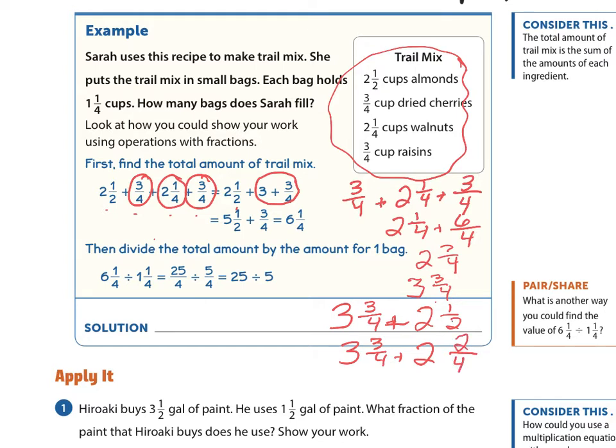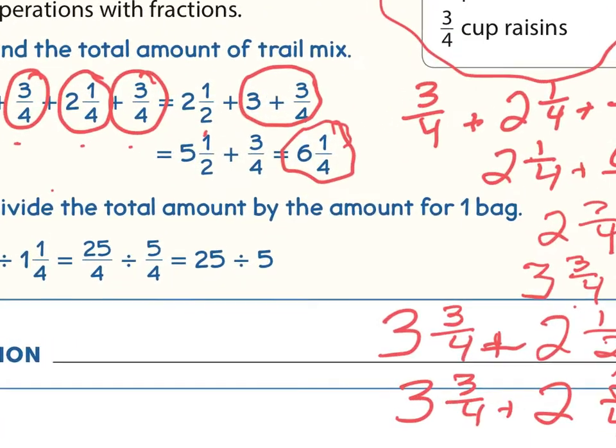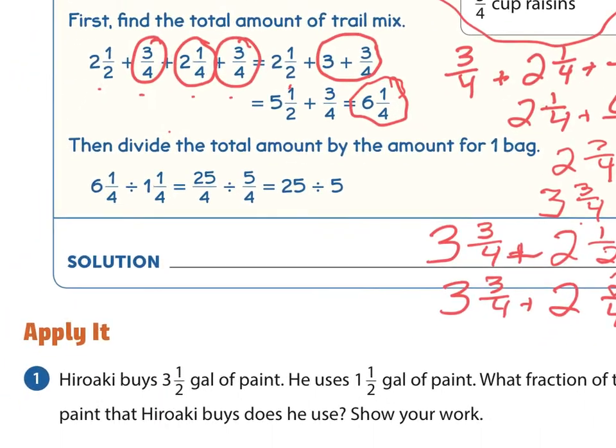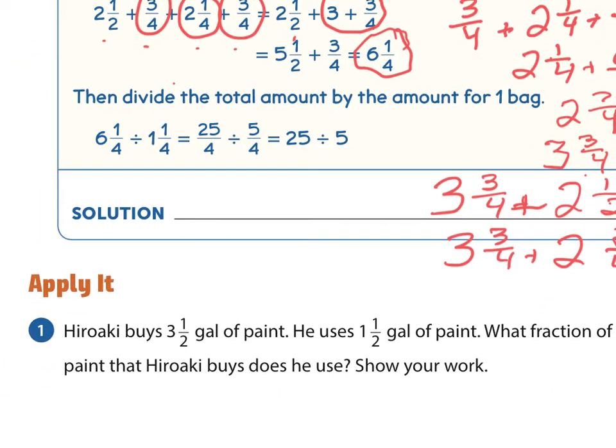That means our numerator is also multiplied by 2. When I add 3 plus 2 is 5, 3 plus 2 is 5/4. I can pull out a group of 4 from there, and I'm left with 6 and 1/4, which is what they got.